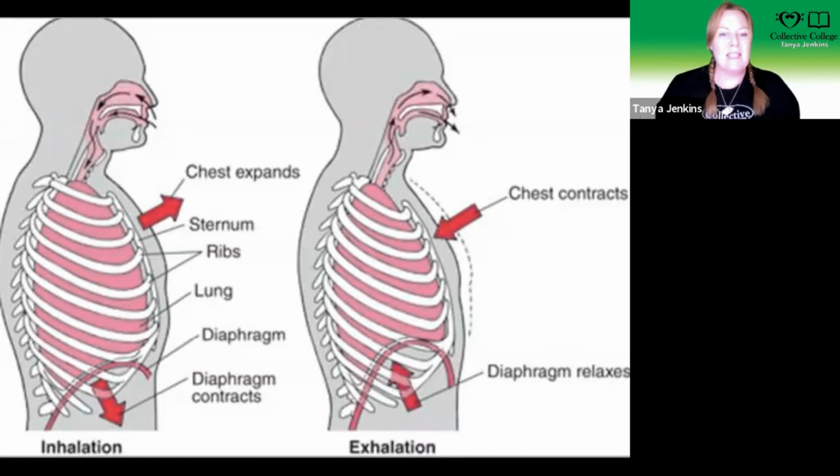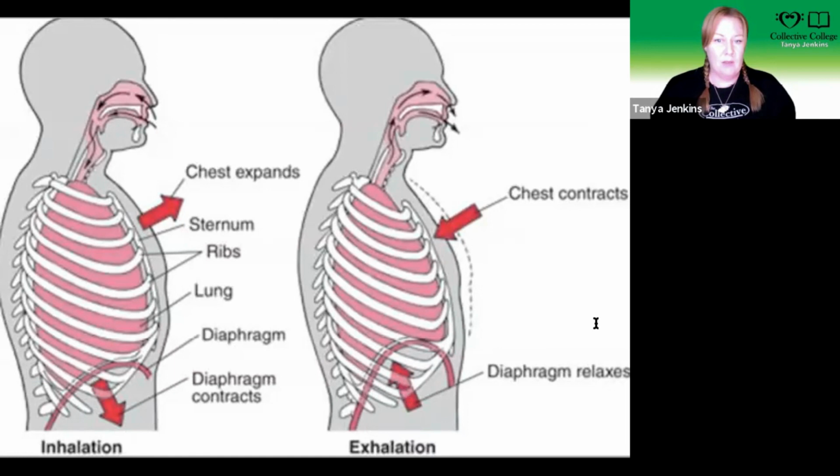When we exhale, the diaphragm's not consciously active and it just relaxes. It goes back up to its domed, relaxed position. You can see here as we breathe in, it's drawn down because it's contracting, and when we breathe out, it returns back up into its dome-shaped, relaxed position.